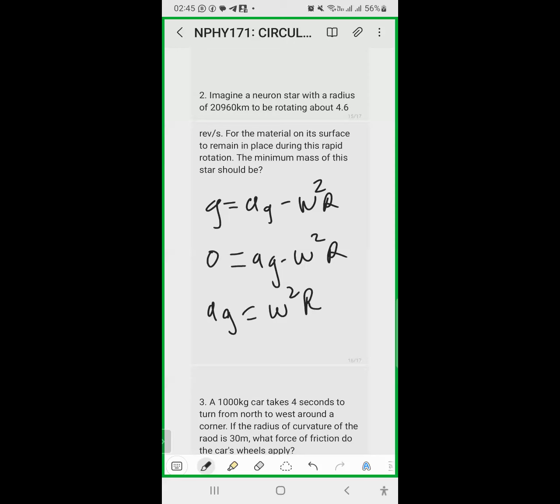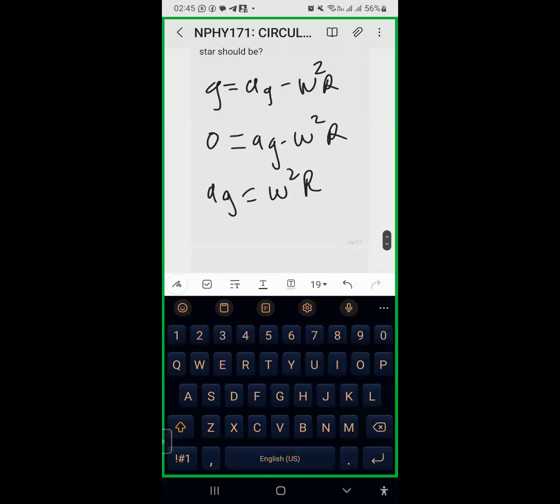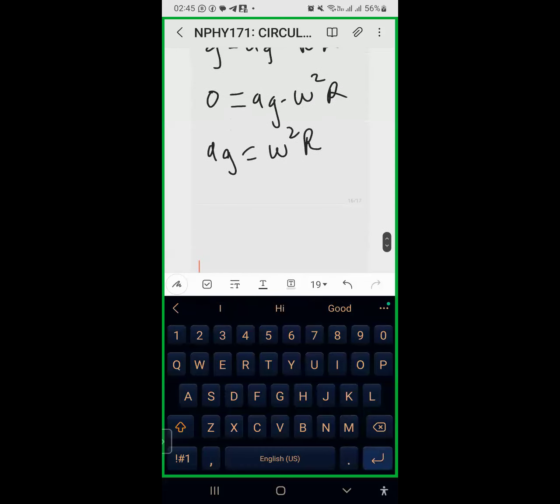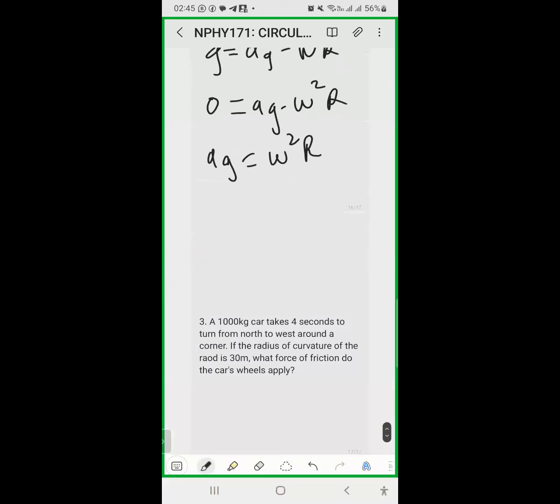So now we can continue and solve for the unknowns, right? We know that the gravitational acceleration is given by the gravitational constant multiplied by the mass over r squared, and this is going to be equal to omega squared multiplied by r.